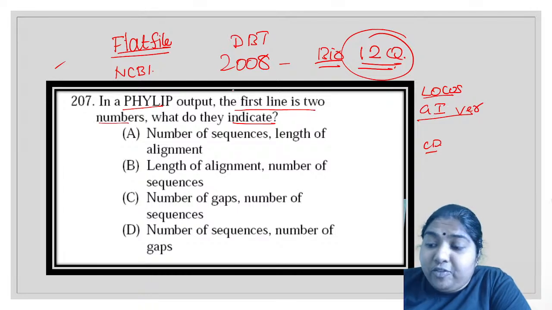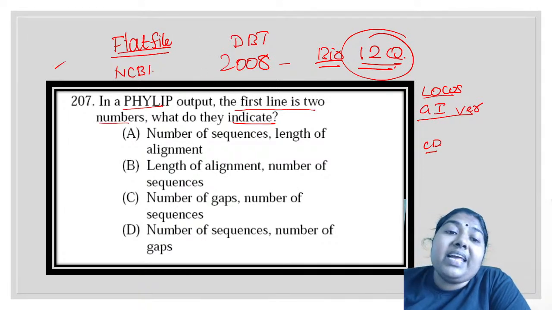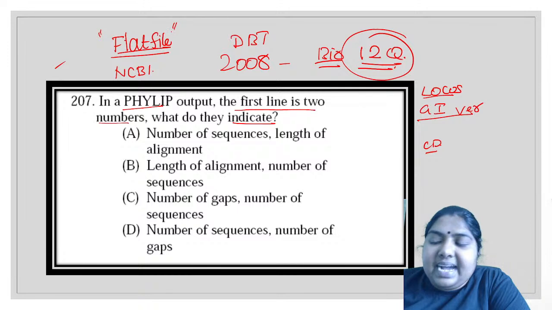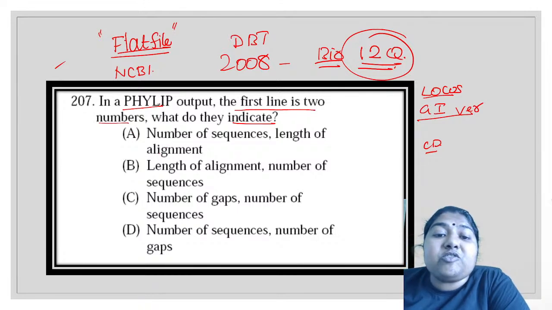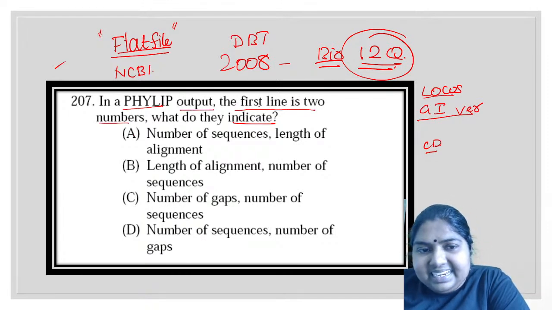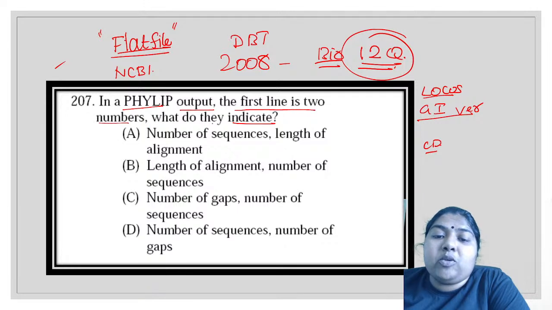Likewise, for every experiment or every tool we use, we have this flat file. They are asking, yes Sanarnya, yes Kanal, in this PHYLIP output, the first line is going to indicate what?